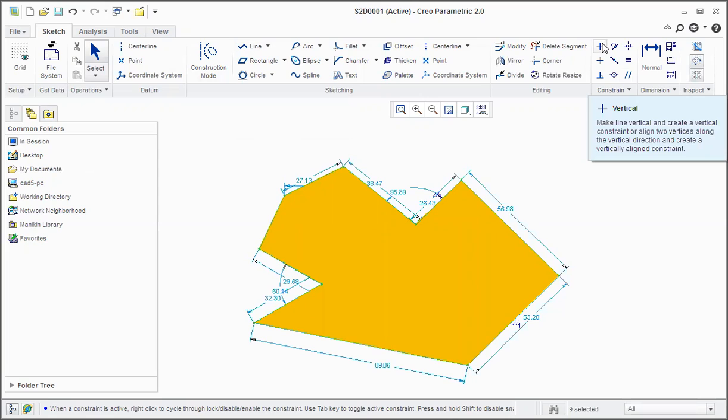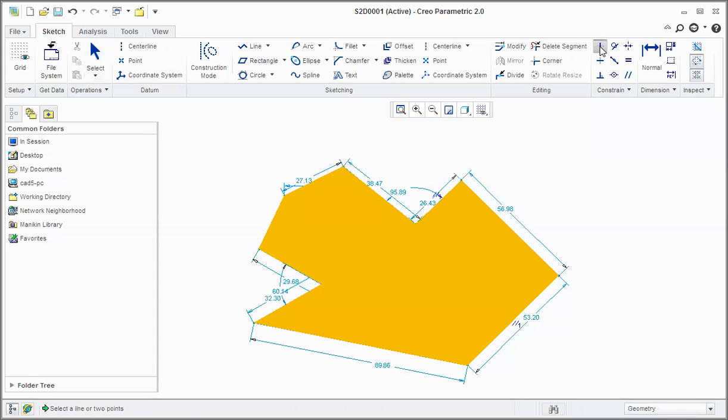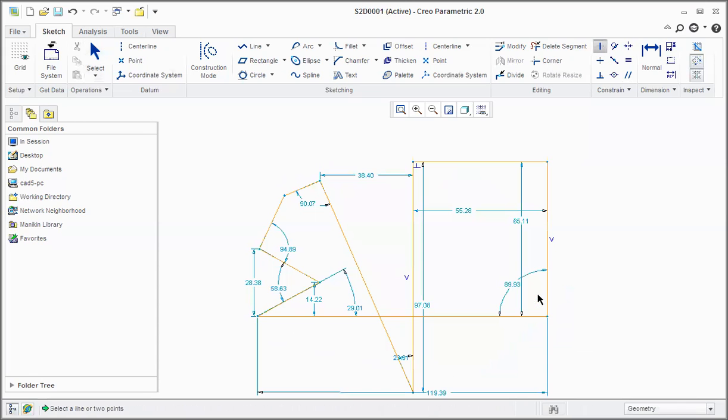Now, the first constraint is the vertical constraint. With the help of that, we can make any line vertical. Suppose this line is slanted, and you want this slanted line in a vertical position, so just click on the vertical constraint and click on that line.